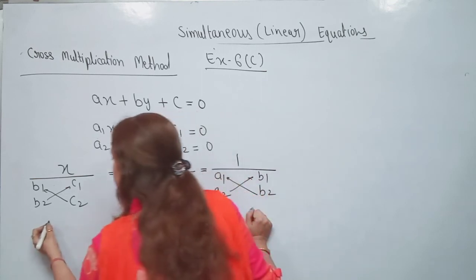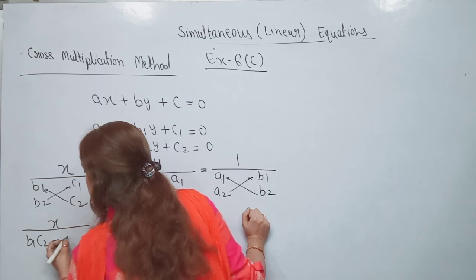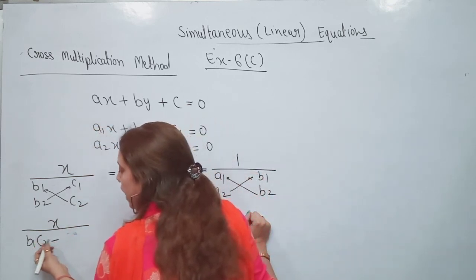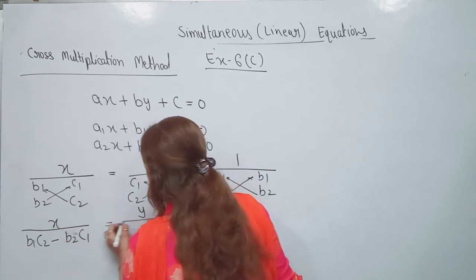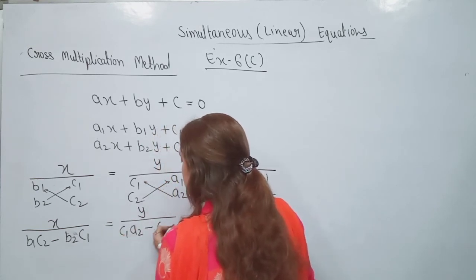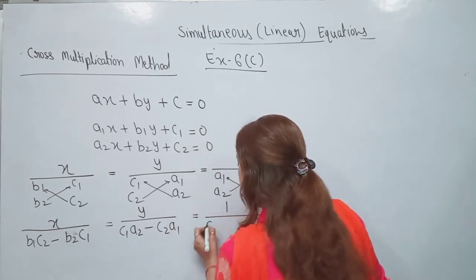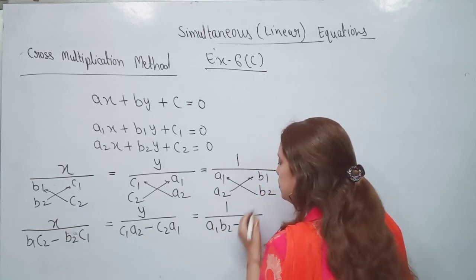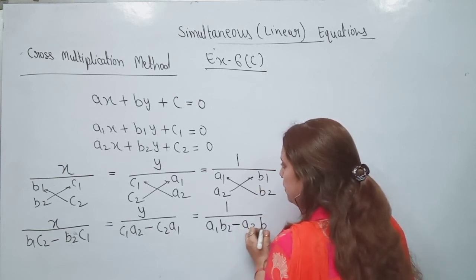So it will be x upon b1 c2 minus b2 c1, and the sign between them will be minus, is equal to y upon c1 a2 minus c2 a1, is equal to 1 upon a1 b2 minus a2 b1.